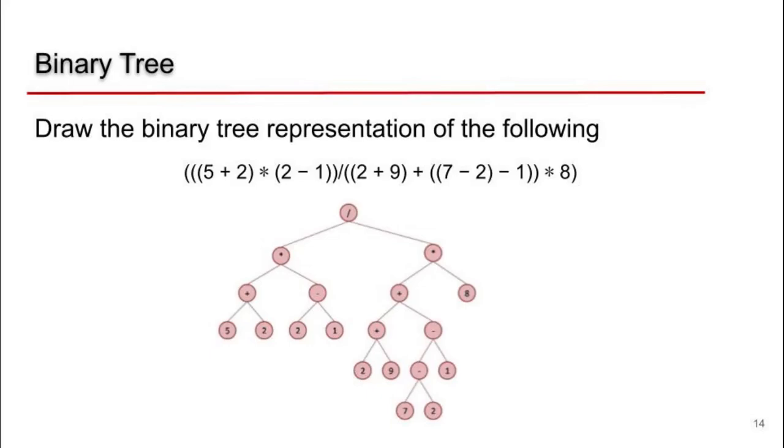Actually, I personally prefer to start from the bottom and go up, but it's correct to use this. Now the left is addition, and then the minus, and we will go left and right again.